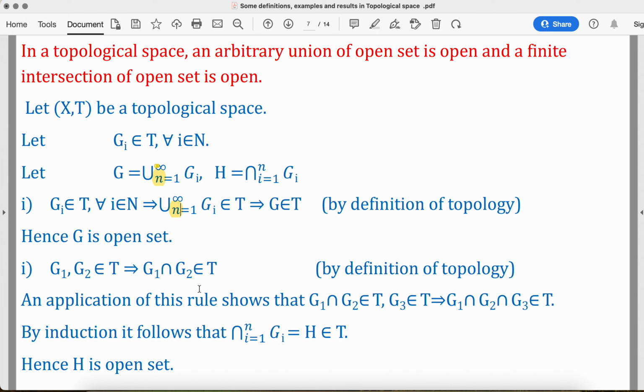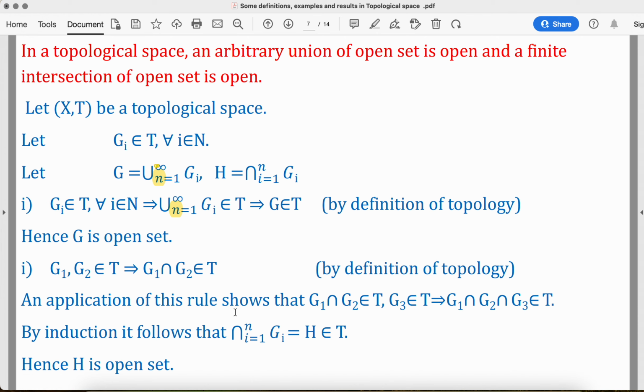So if we apply this rule again, if G1 intersection G2 belongs to T and G3 belongs to T, then G1 intersection G2 intersection G3 also belongs to T. So by the principle of induction, the intersection of i equal to 1 to n, Gi belongs to T, and we have denoted it by H. It means H is an open set.